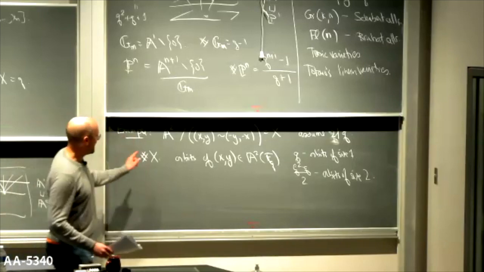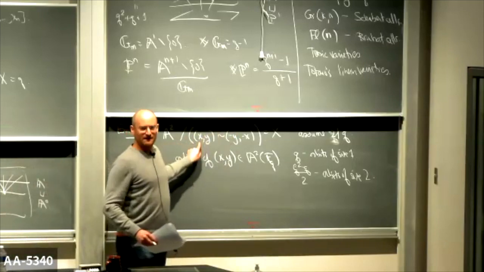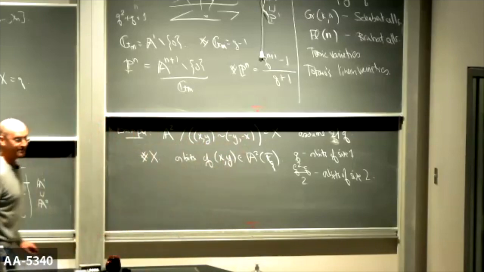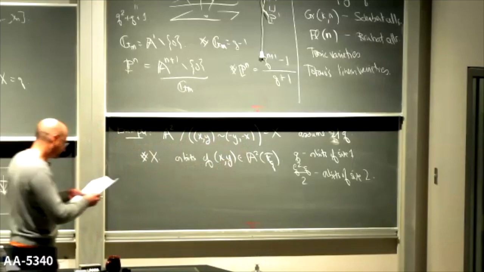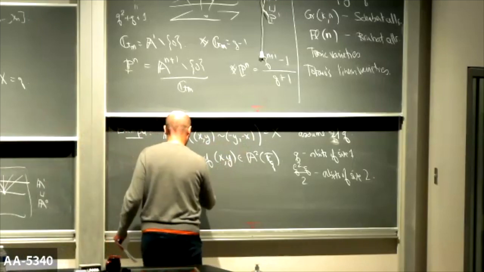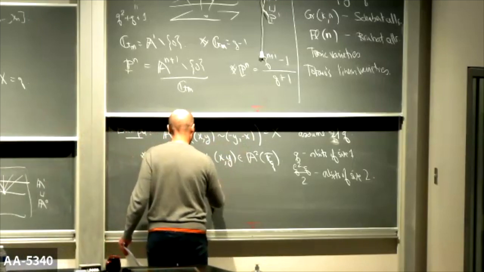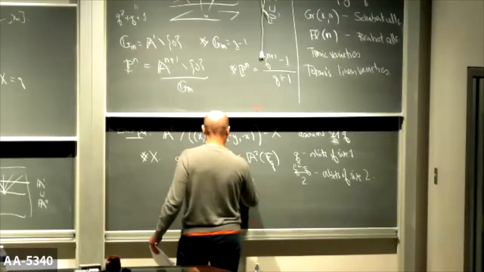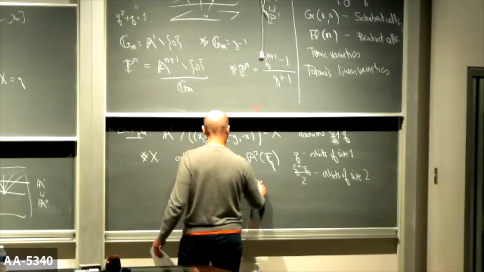Because we also have pairs of points both defined over F_{q^2} that form an orbit under the action of this involution. And so you could look at solutions to x^q = -y and (-y)^q = x.